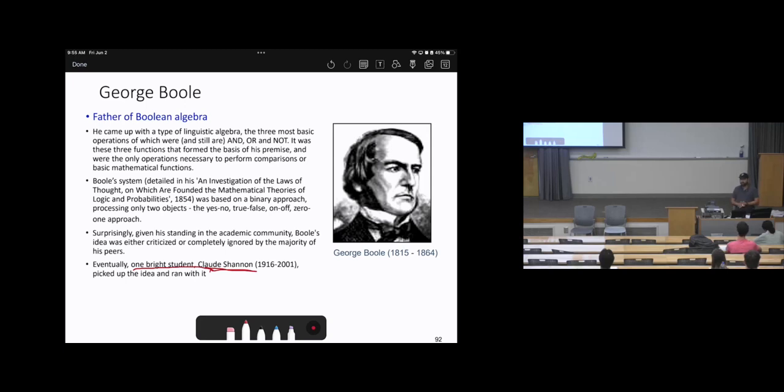So again, Boolean algebra comes from George Boole. He created a lot of mathematical theories in logic and probabilities. Because in the binary approach we have yes or no, true or false, on and off, he created these things.